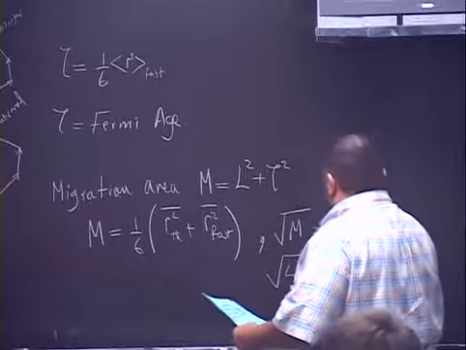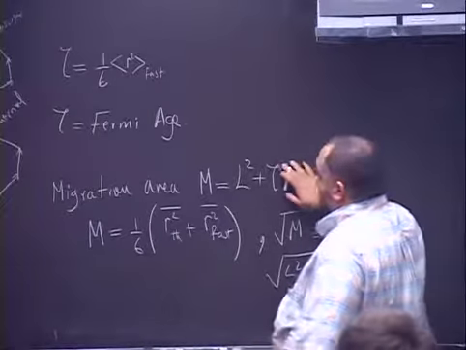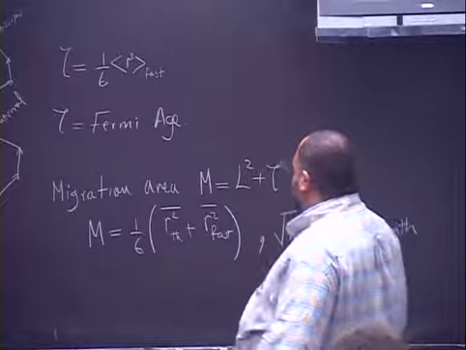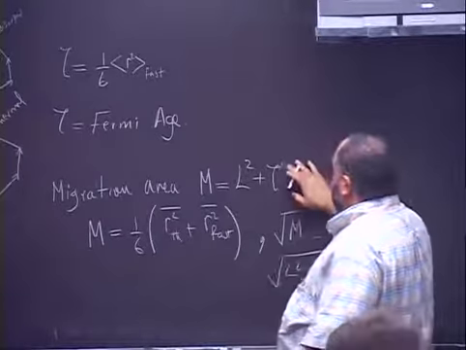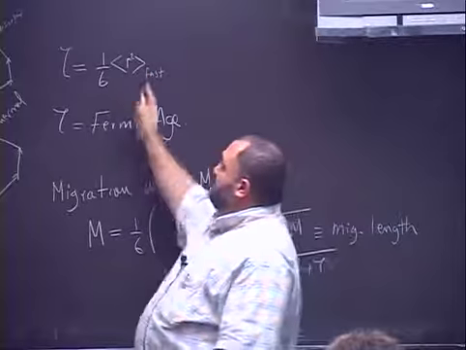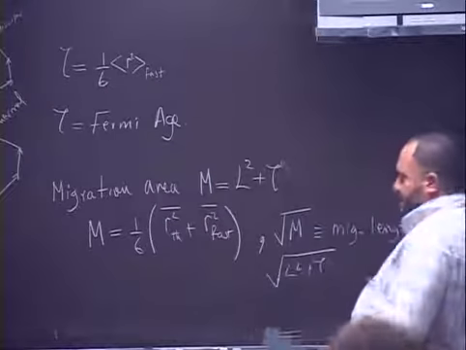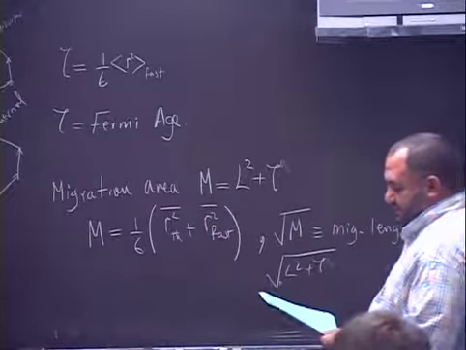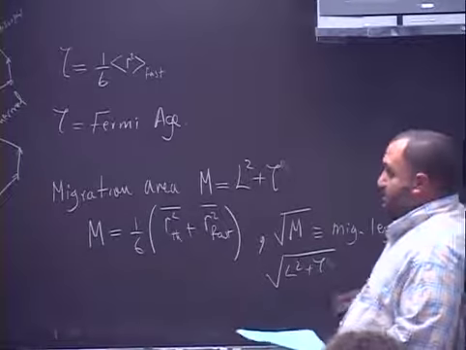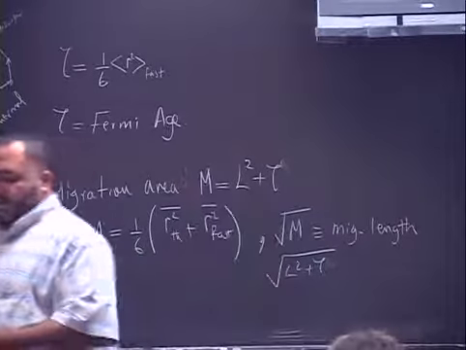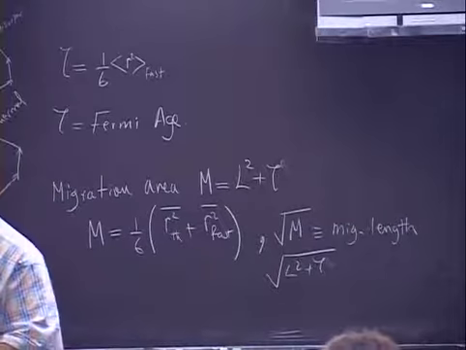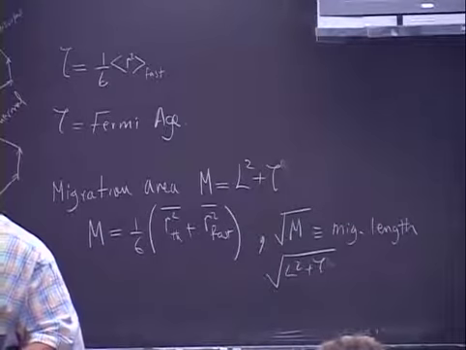Sorry, tau is equal to this, not tau squared. There is no tau squared. So it's L squared plus tau. So this is just to define what we mean by the diffusion area.